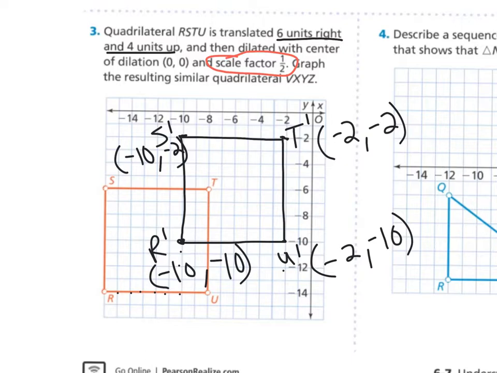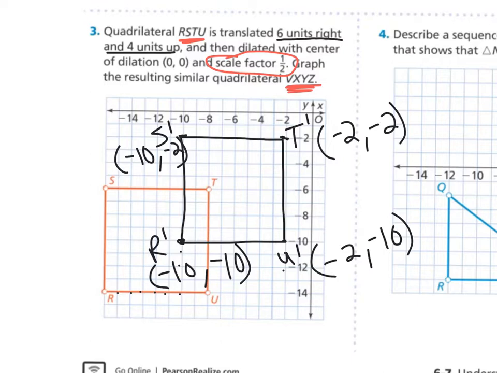And understand, multiplying by 1/2 is the same as dividing by 2. So that would be another way you could do that. And another thing, just to make things interesting, they changed letters here. So RSTU is going to VXYZ. So watch that as well when you do your dilation here.